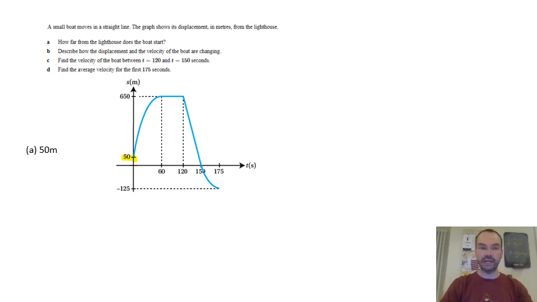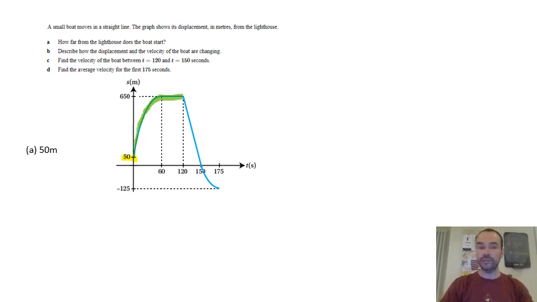Right, let's have a look at this. We've got the displacement increasing to 650, but we notice that the gradient of the line gets less until the line is flat between here and here.